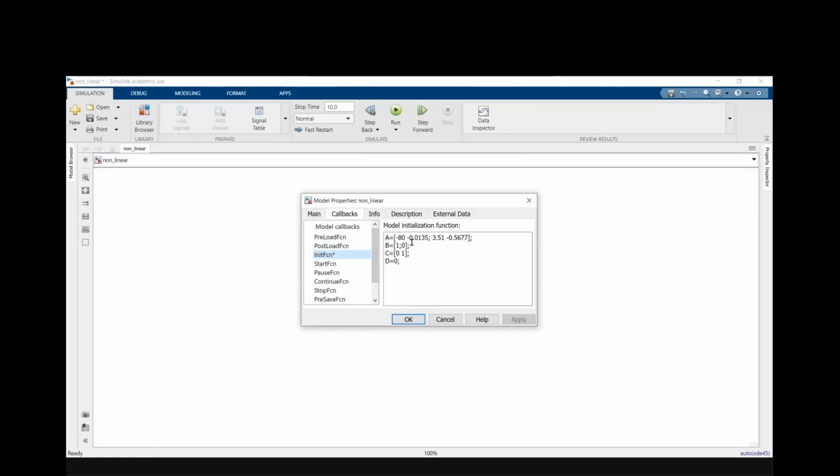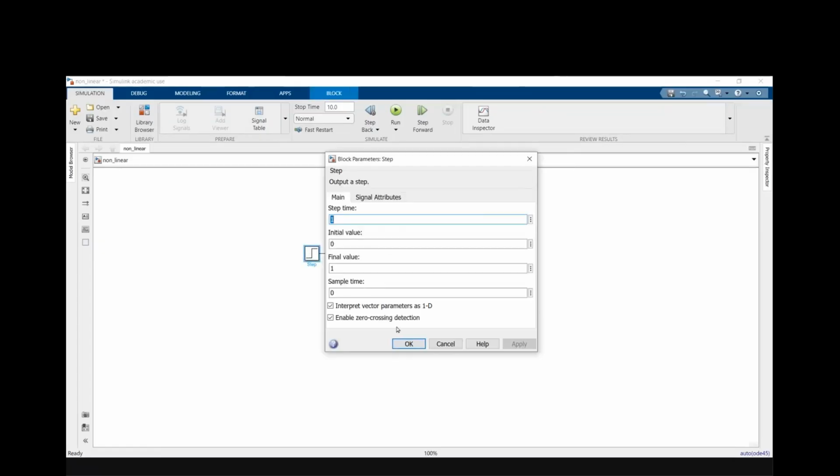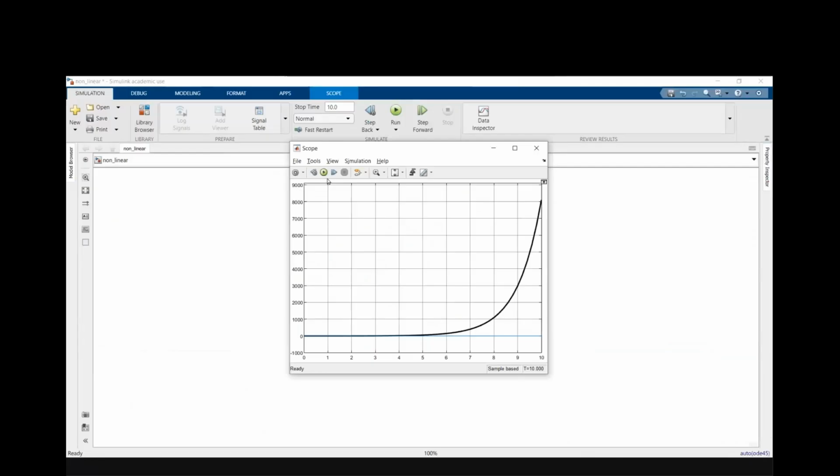If I see my A, it is minus 80, minus 0.0135, 0135, somewhere this one is 335.1, minus 0.5677, B is 1 and 0. Okay, apply. For an input of 1 at one step, still my system is unstable.